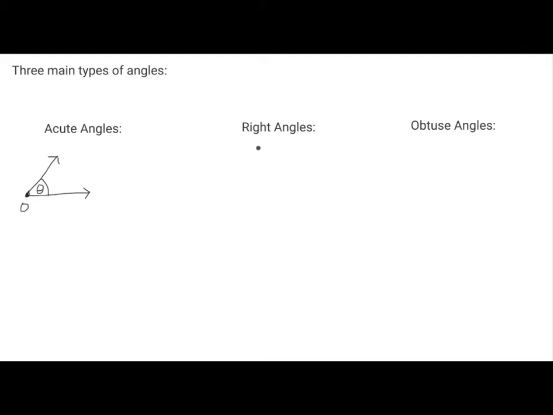So I'm first going to draw the images of these angles, so you can get an intuitive understanding of how you may find them in some math problems. And then I'll give you some formal definitions of these angles themselves.